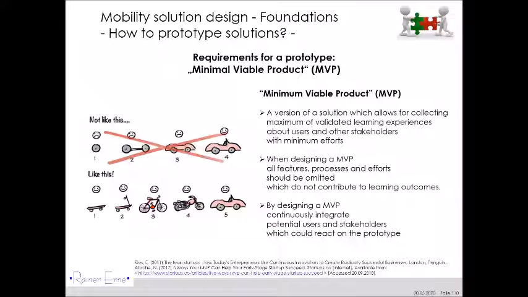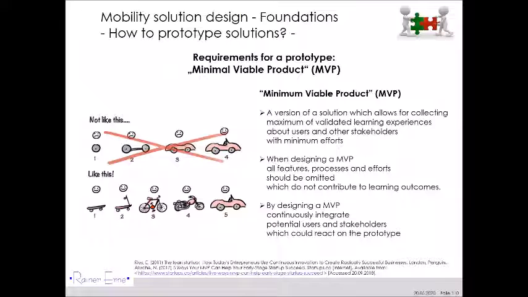And therefore, the kind of prototype which is useful in the design thinking approach could be called minimum viable product. Minimum because it should show the minimal elements which are of value to the user.